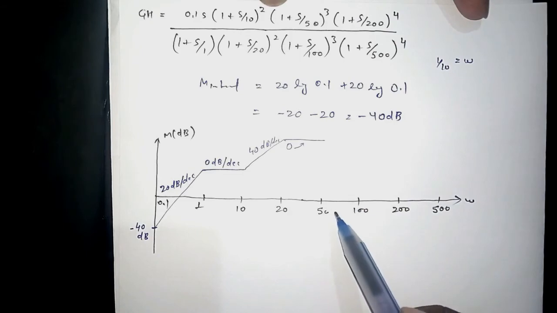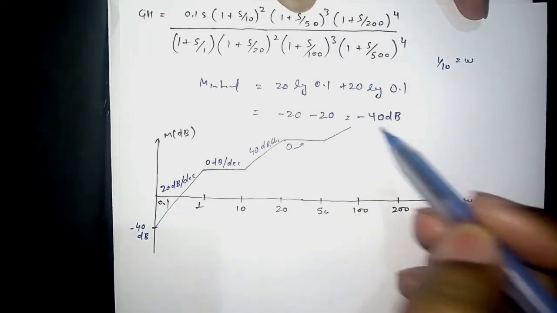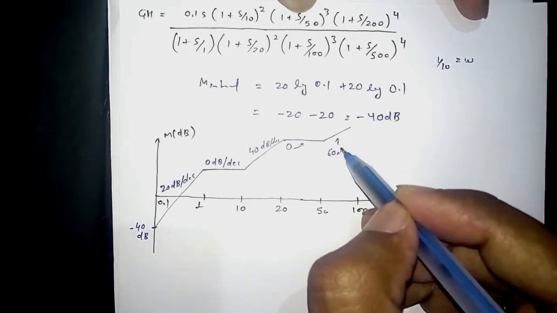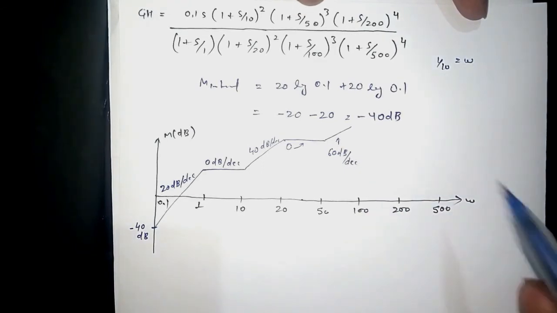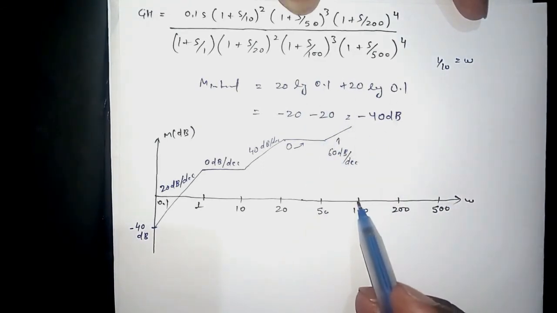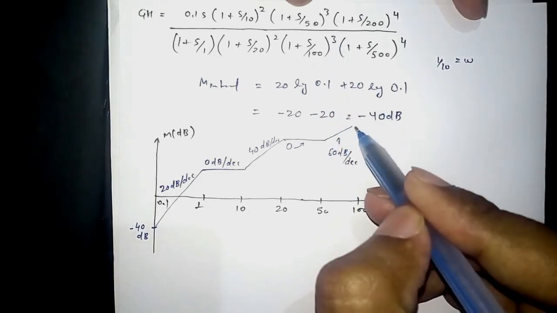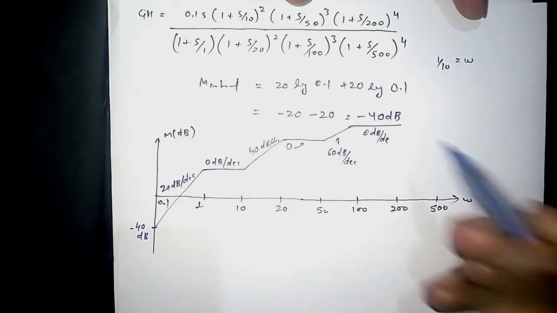Then at omega equal to 50 we have three zeros, so this will have 60 dB per decade slope. At omega equal to 100 we have three poles, so 0 dB per decade again.